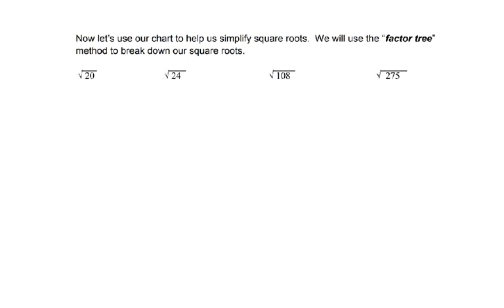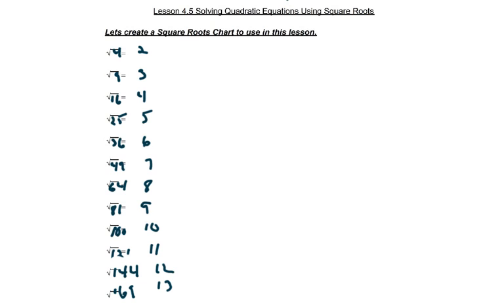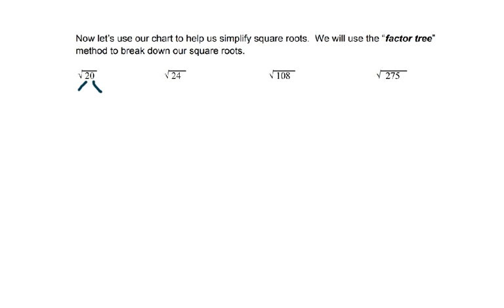Here's how this works. The square root of 20 breaks into 2 pieces. Now, I want to go back and look at this chart. I want to find the largest square number from this chart that divides into 20 evenly. On that chart, the largest one that divides in evenly is 4.